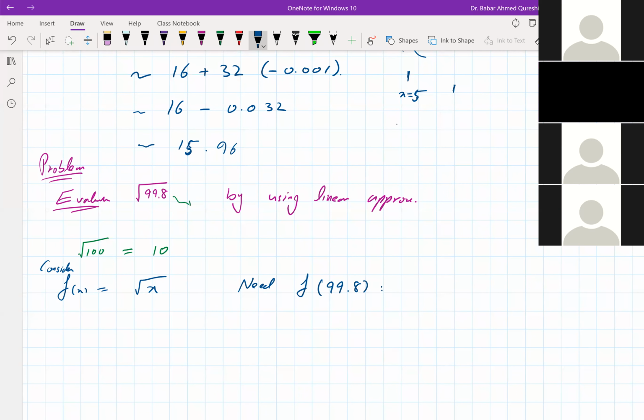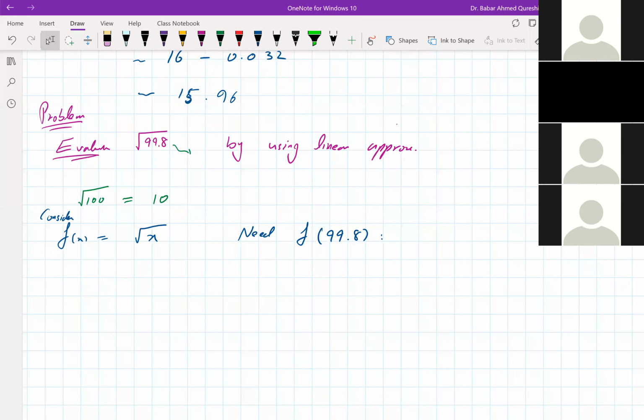99.8. But my strategy would be to expand it, linear approximation, near x is equal to 100, because at 100 I can find the linear approximation with easy evaluations and good numbers, and it's close enough to 99.8.